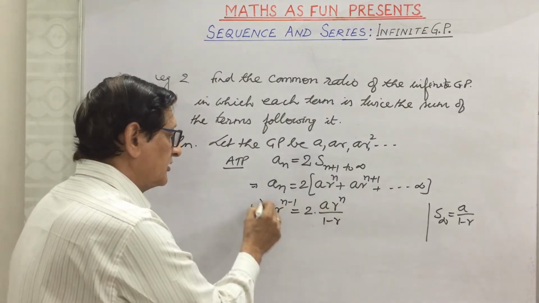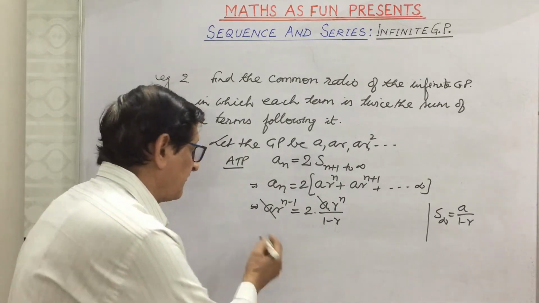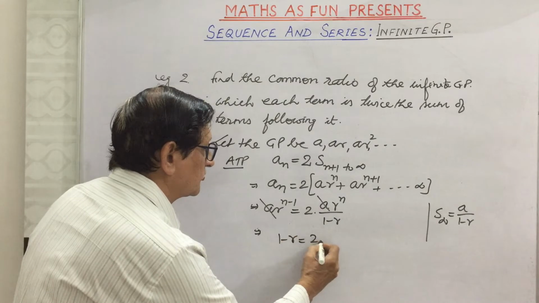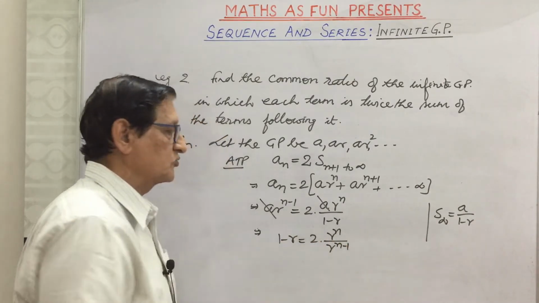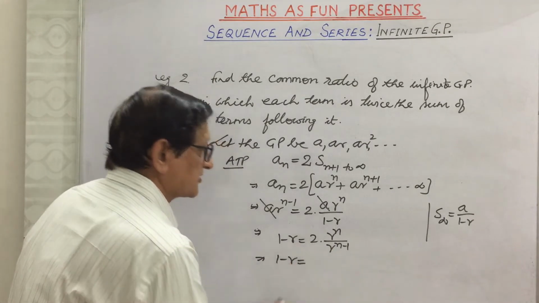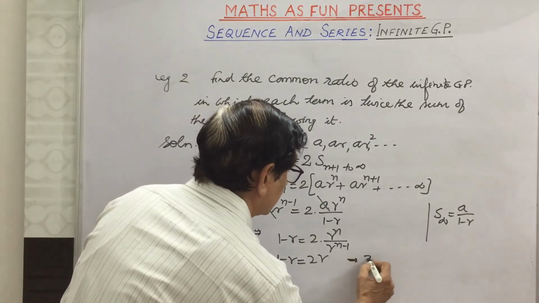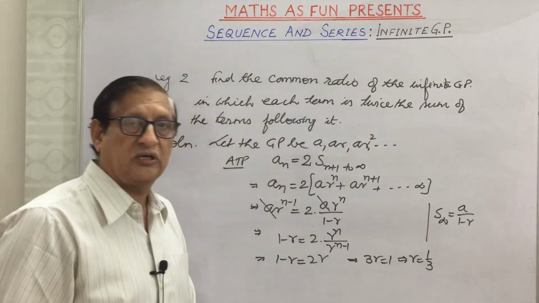Here this a and this a cancel, and if we simplify, we can write that 1 minus r is equal to 2 into r power n upon r power n minus 1. So 1 minus r equals 2r, or 3r equals 1, which means r is 1 upon 3.